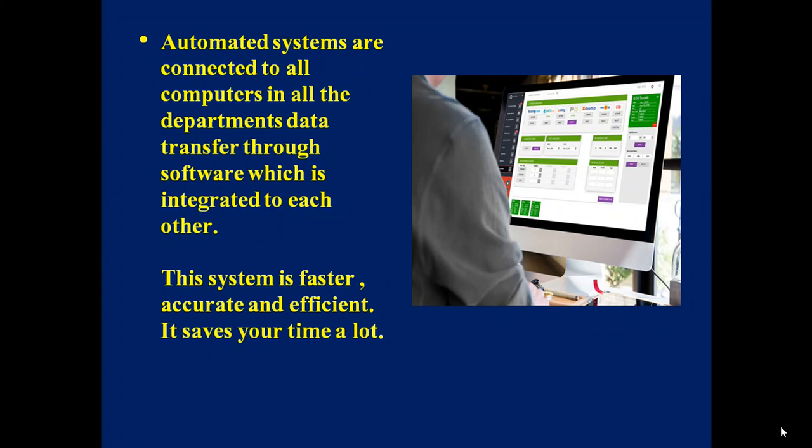The system is much faster, accurate and efficient, and it saves a lot of time. That is why nowadays every hotel prefers to go for fully automated systems rather than manual systems. It also minimizes errors, and it saves a lot of time which you can utilize for other work.